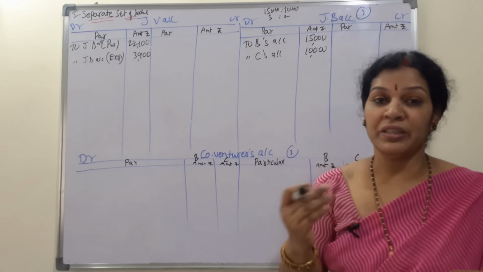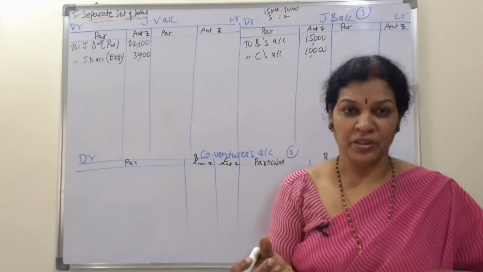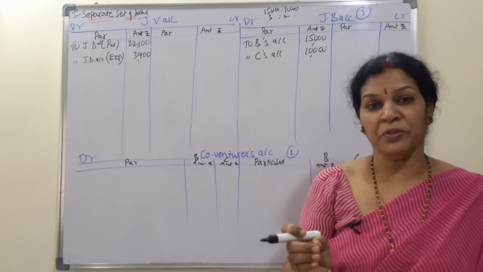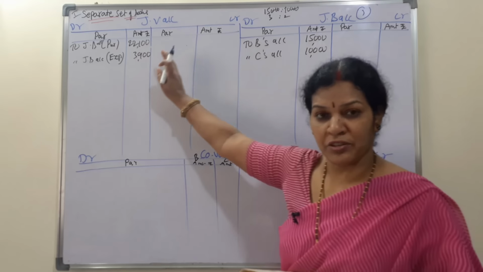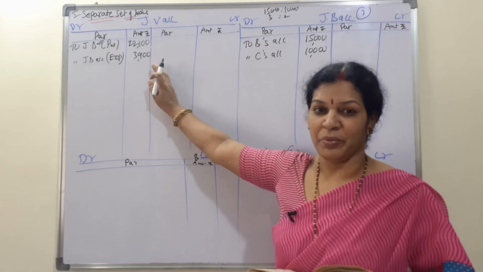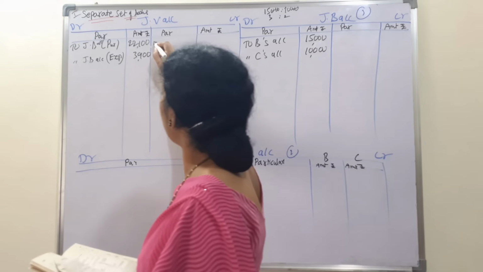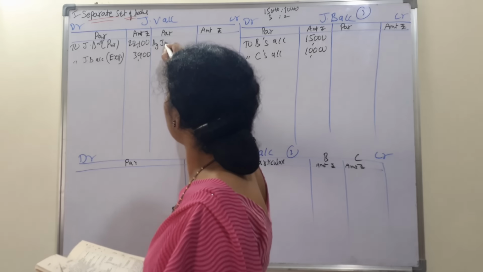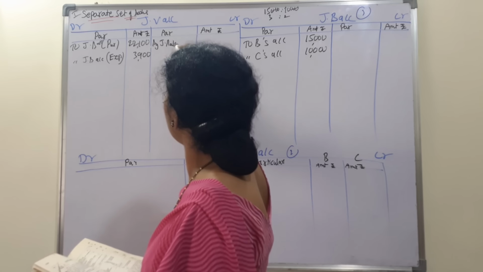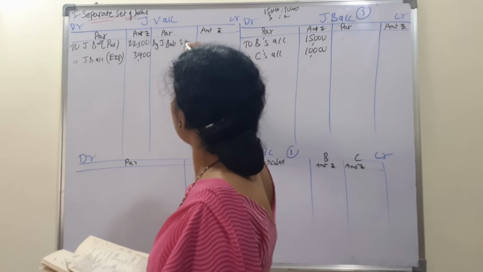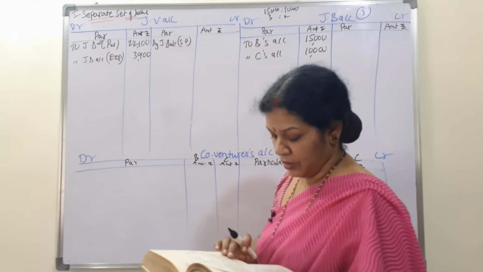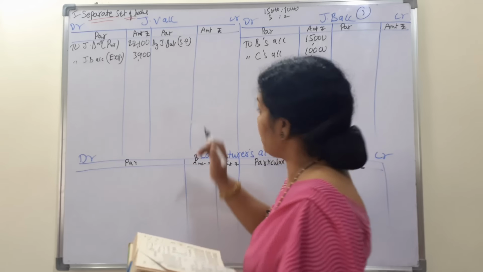Whenever they are selling, this amount is deposited into the joint bank only. So we write sales on the credit side, but it is through the joint bank. So we say by joint bank account, sale proceeds, 28,740.